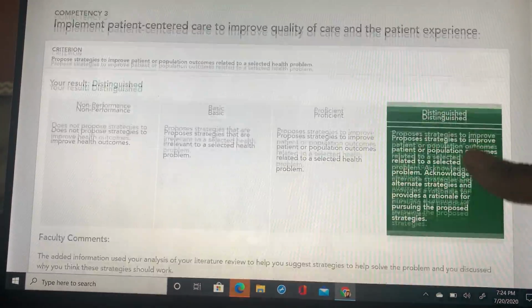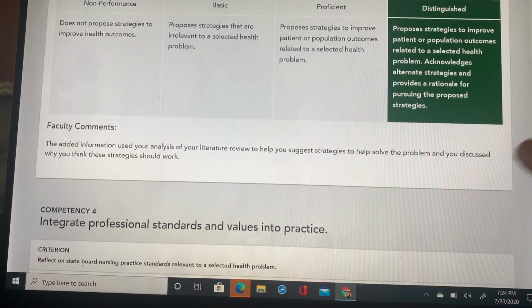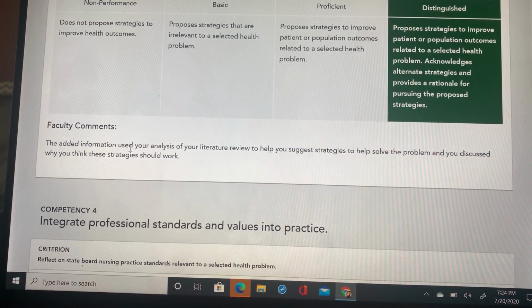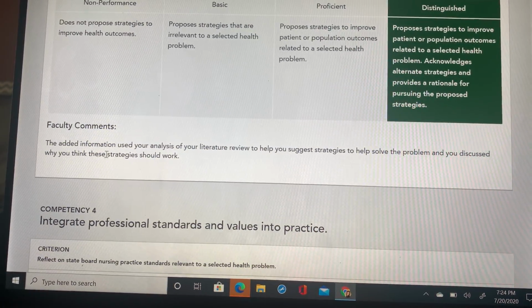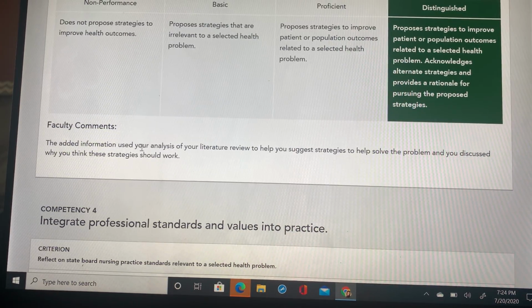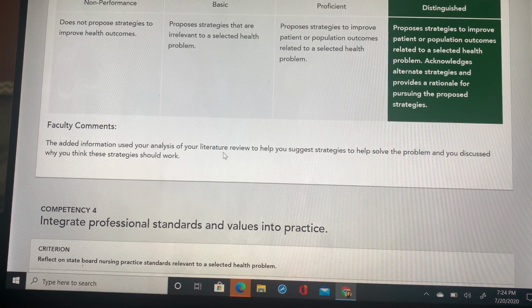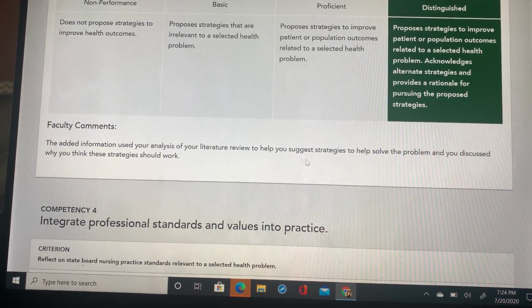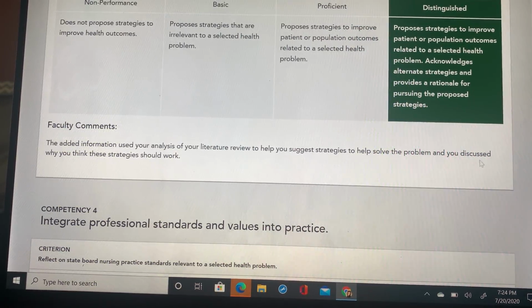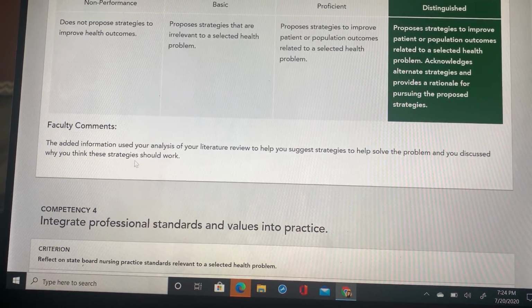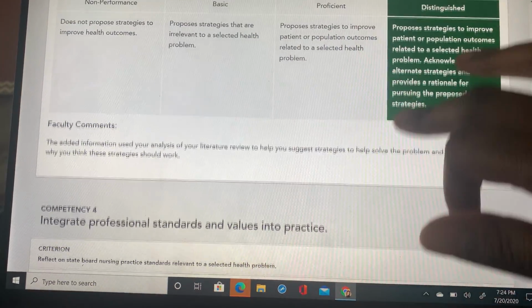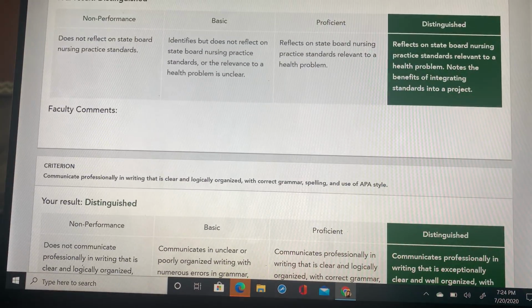So the added information used your analysis of your literature review to help you suggest strategies to help solve the problem, and you discussed why you think these strategies will work. So I got it improved.